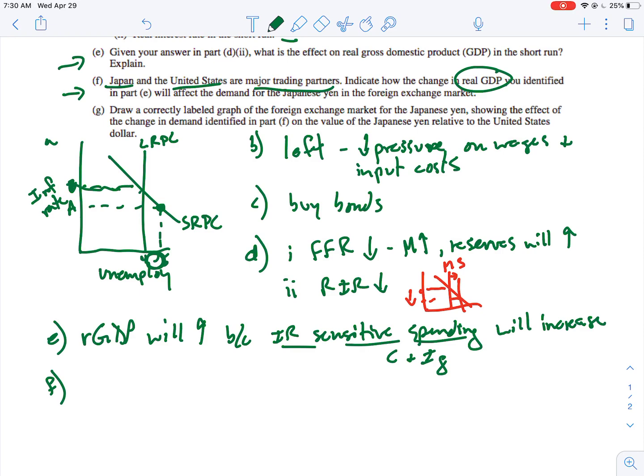If we buy more stuff made in Japan, we must demand more yen, because we have to buy yen in order to buy Japanese stuff. This one doesn't have an explain, I just explained it, but you don't have to do that. Demand for yen will rise.